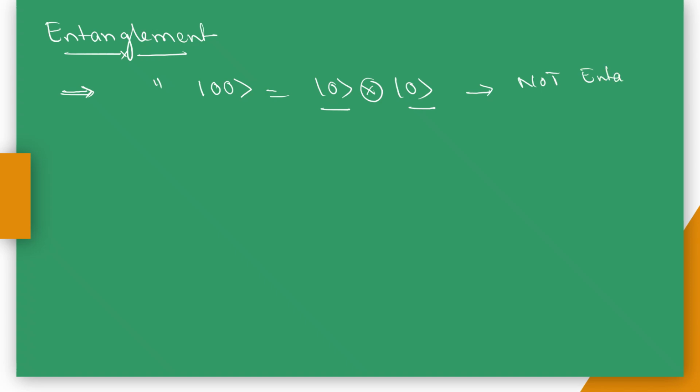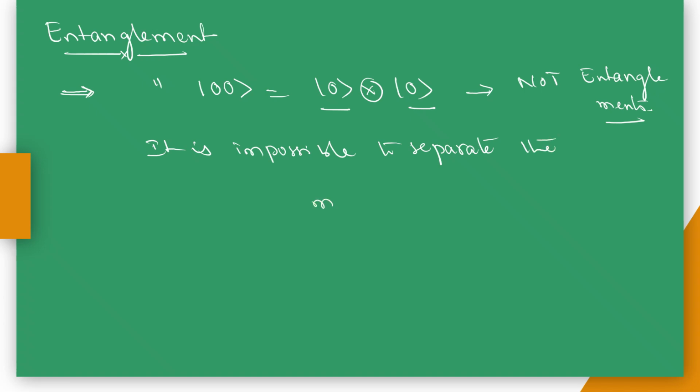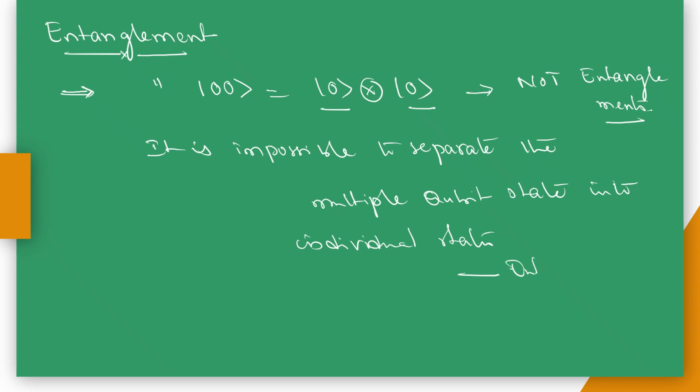If you are able to separate the combination into the two individual qubit states, then that particular state is not entangled. If it is impossible to separate the multiple qubit state into individual states, that is called entangled.